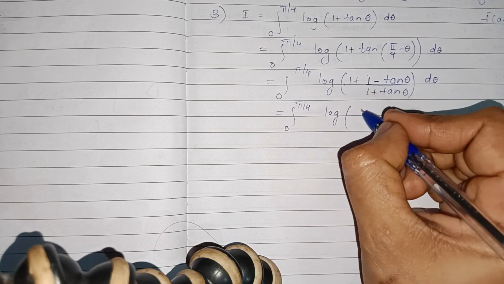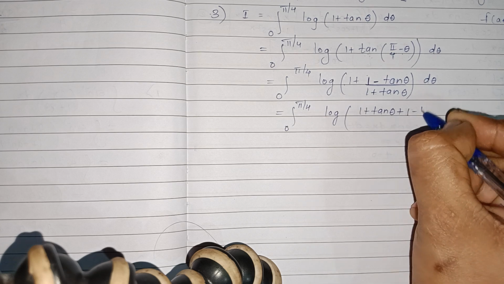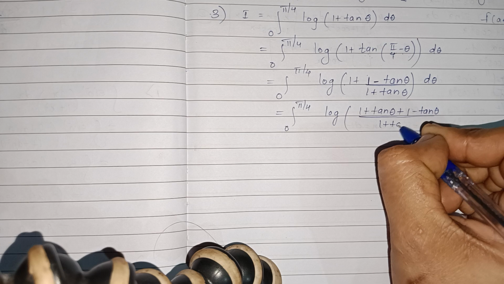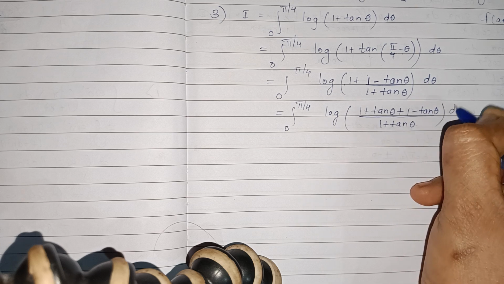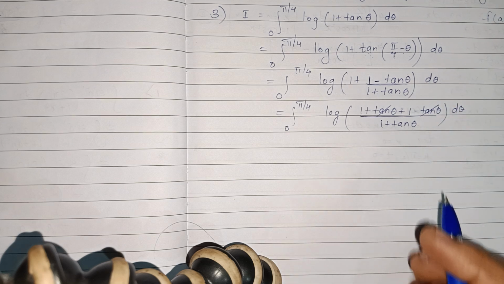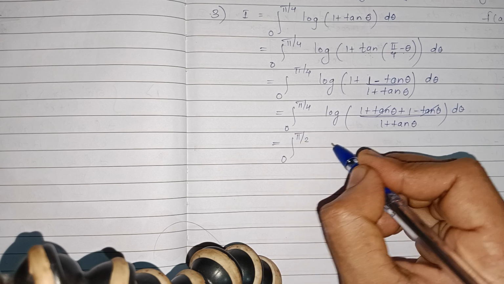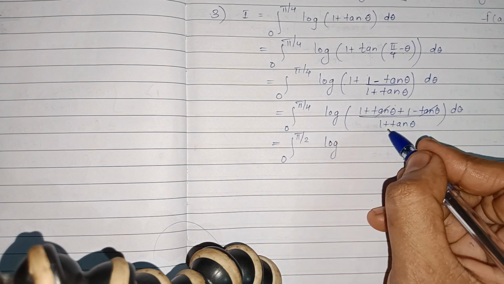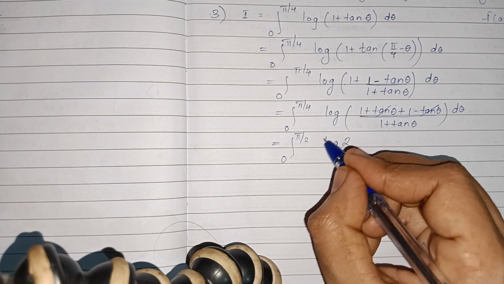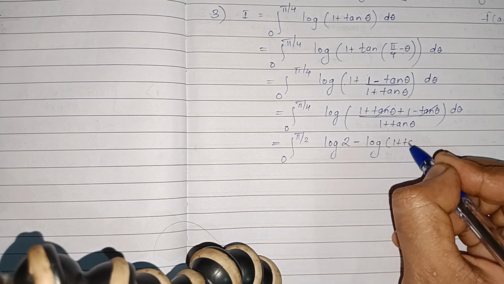So cross multiplying, you will get 1 plus tan theta plus 1 minus tan theta, upon 1 plus tan theta, d theta. Okay, so 2 upon 1 plus tan theta, which you can write as log of 2 upon 1 plus tan theta, log of a upon b, log a minus log b.